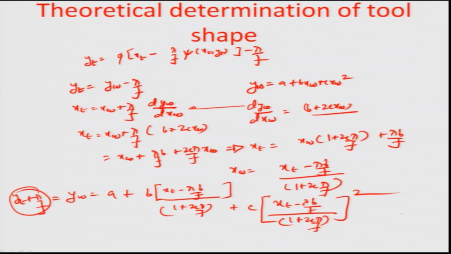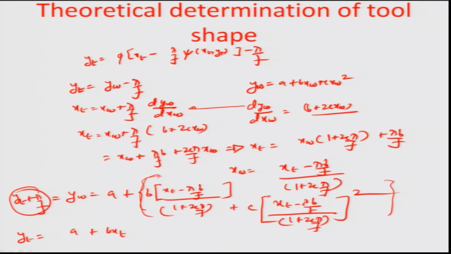If I simplify these terms together, I would have y_t equals a plus b x_t. I do not want to simplify this in great algebraic detail, but if you add these terms together, one obviously has 1 plus twice c lambda by f.